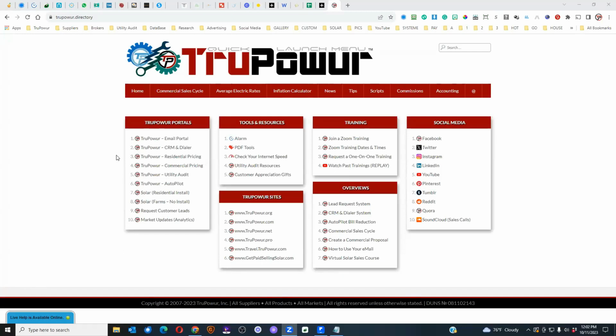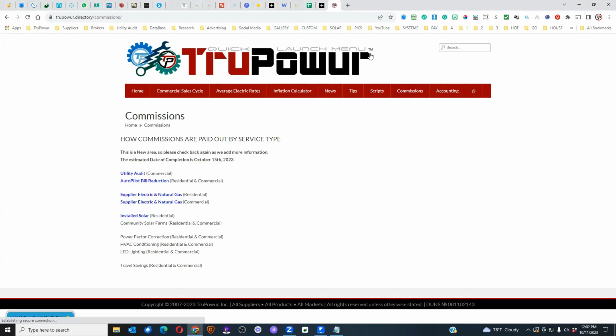There have been a couple of new sections added to the quick launch menu. One is the commission area, which helps you understand a little bit more how commissions are calculated. We should have the rest of these fields updated by the 15th of October.